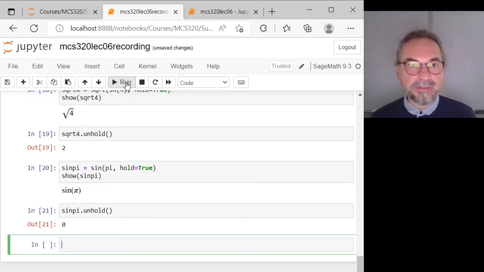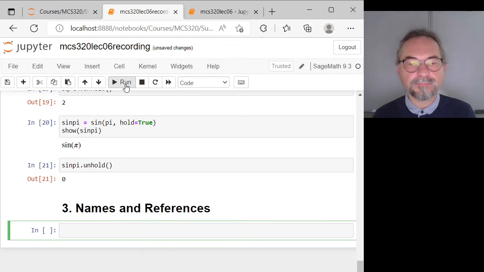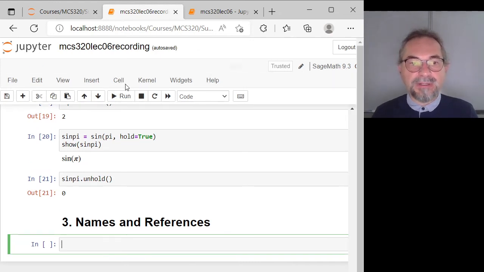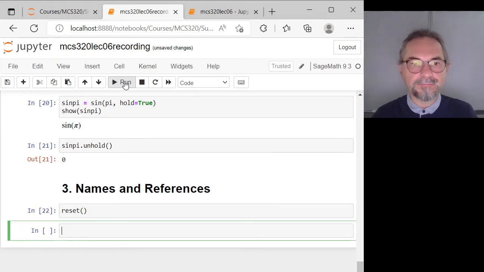Now, the last part, how can we obtain that these different names share the same value? So I will have to talk about names and references. Okay, so let me reset all the variables to begin with. I have two variable names, x and y.